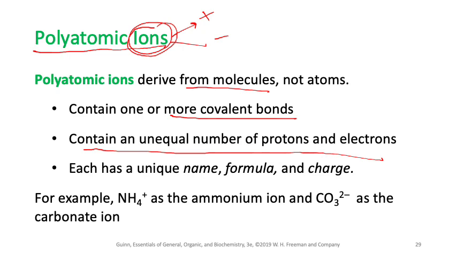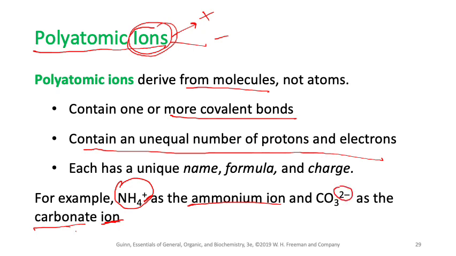Cation or anion. For example, NH4+. This is a polyatomic ion because it has more than one atom. And why is this an ion? Because of the positive charge, and we call that the ammonium ion. CO3 2- is also a polyatomic ion, named the carbonate ion because it has a -2 charge.